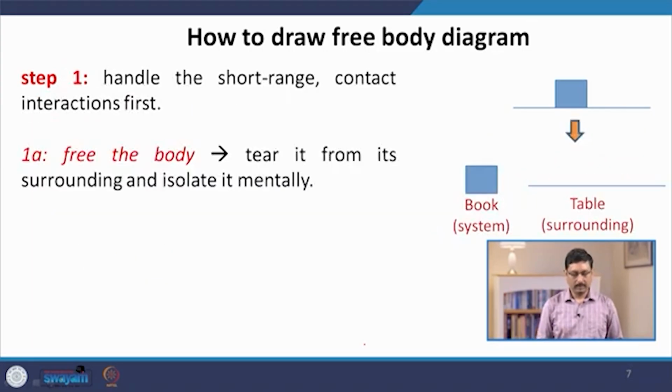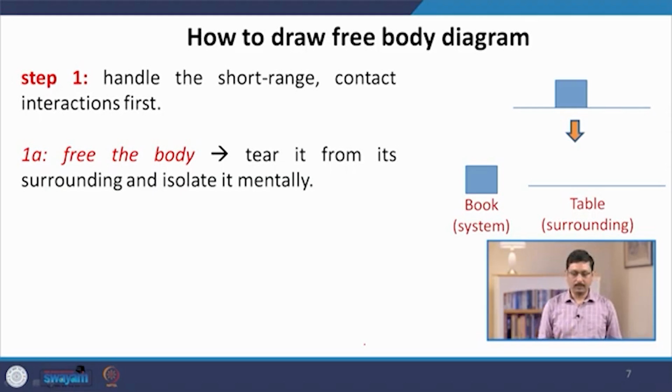Now, step 1. First consider the contact forces. These forces, as we mentioned in earlier lectures, are usually short range. When two bodies are in contact, there are forces between them.